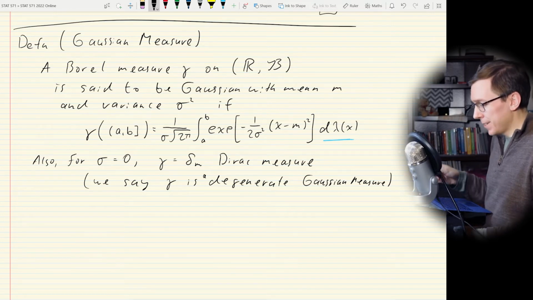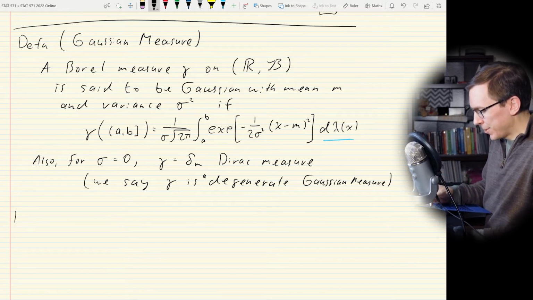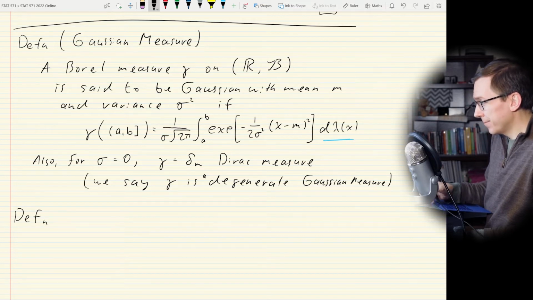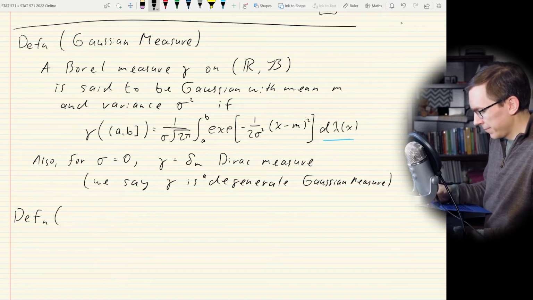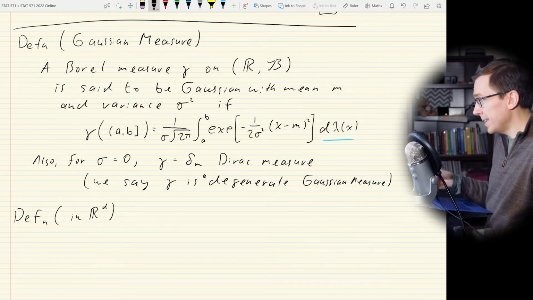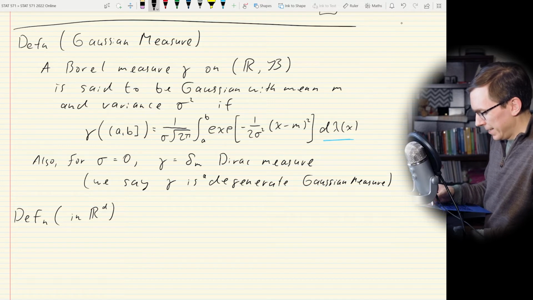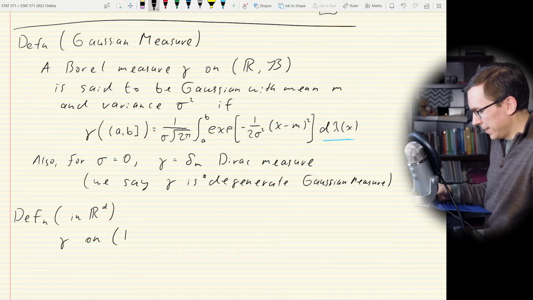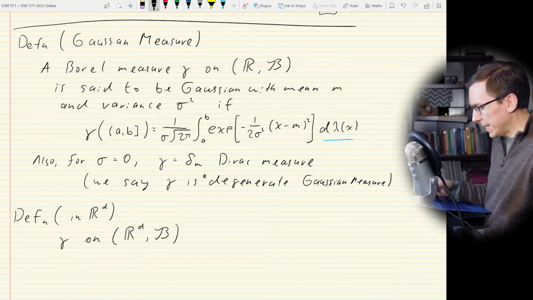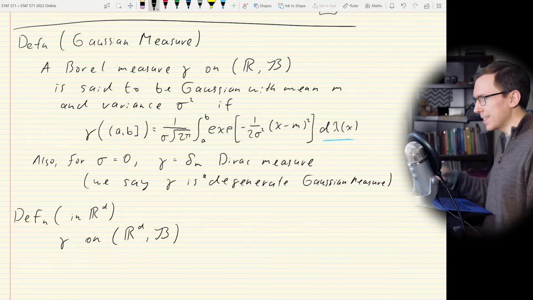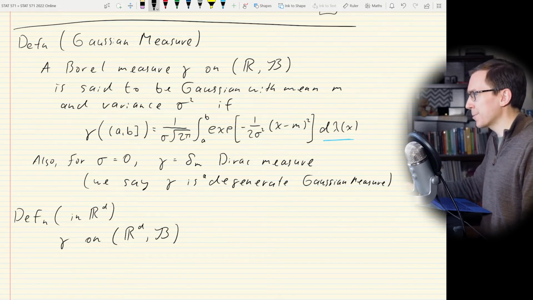We can extend this to R^d, which is going to be important because we're going to be doing the central limit theorem in d dimensions. So this is Gaussian measure in R^d, and we say gamma on R^d and the Borel sets, I'm just going to write B again rather than B of R^d because it's clear from the context what I mean.